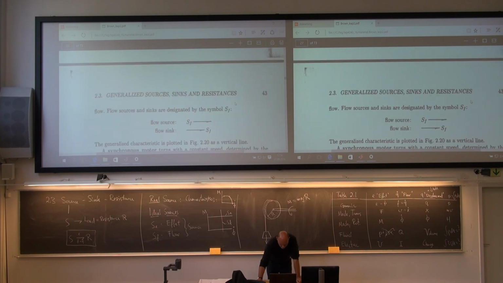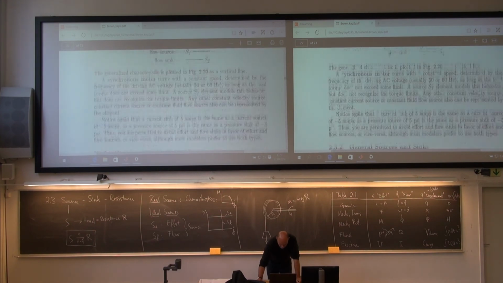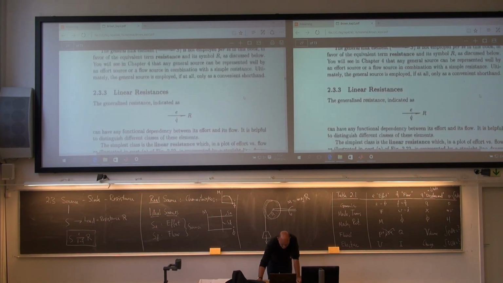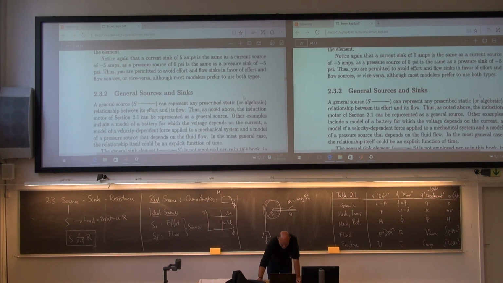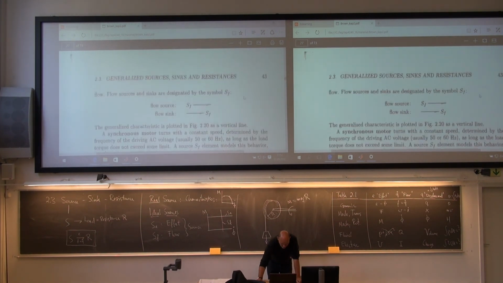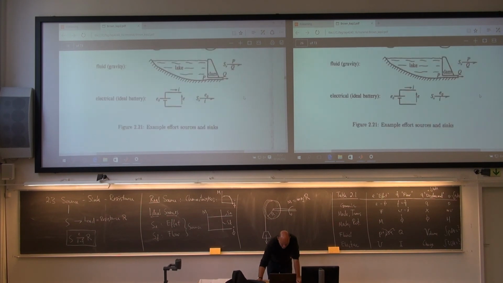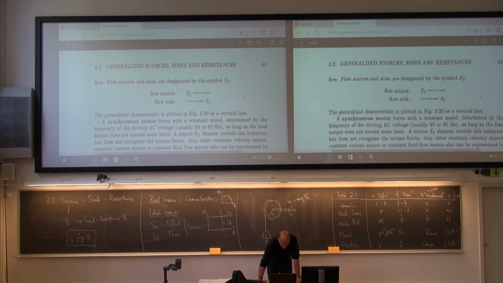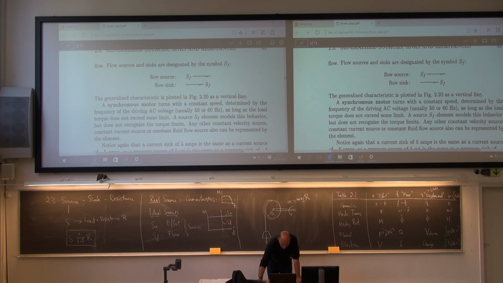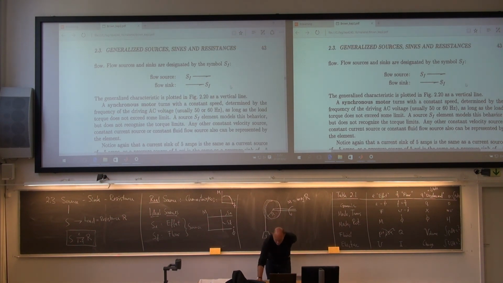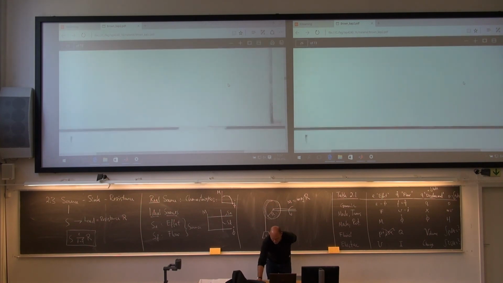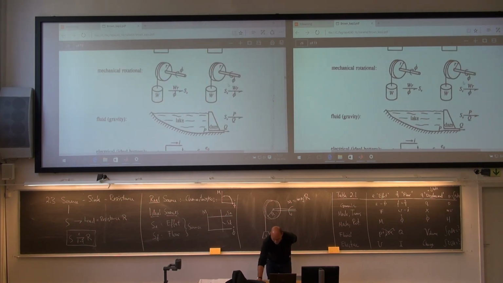We don't use them. The flow sources, they are not really so easy to find in real life.